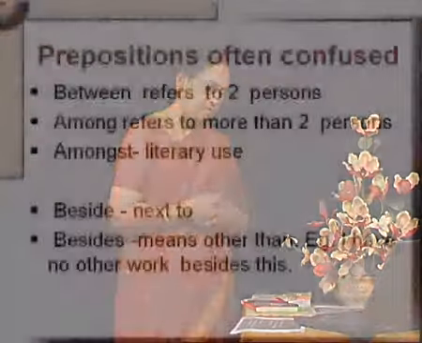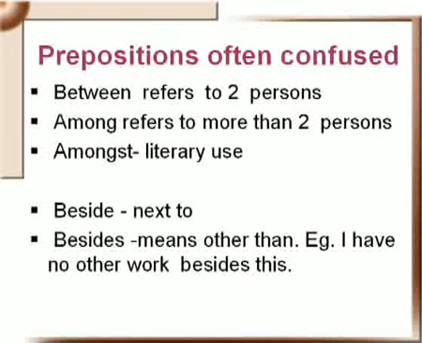We had an argument between us, and we know that the reference was to two persons. We use the word among to refer to more than two persons. For instance, we say the discussion was going on among the participants in the workshop.